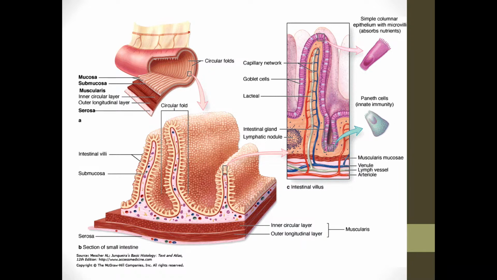Now again, what we can see, yes, the wall of the foramina, a lymphatic vessel, and this lymphatic vessel has such name, it's the lacteal.